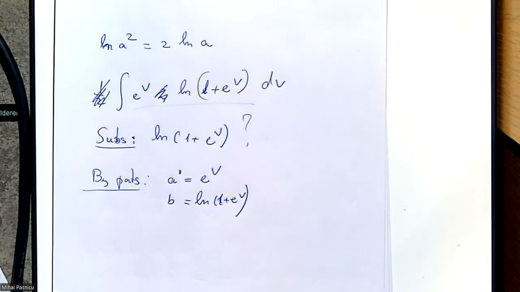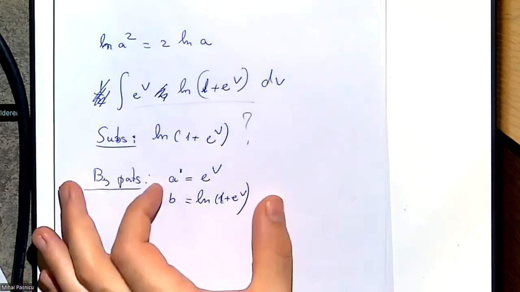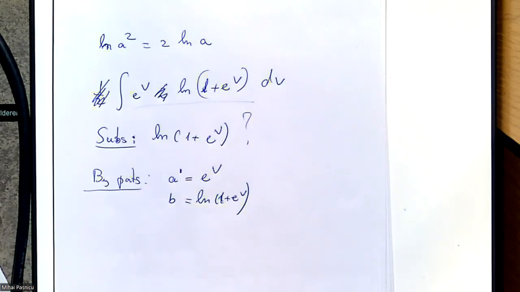I think about it for a second, let my head flow around it, write some sketch, and I'm going to use by parts because I think it's easier and simpler.